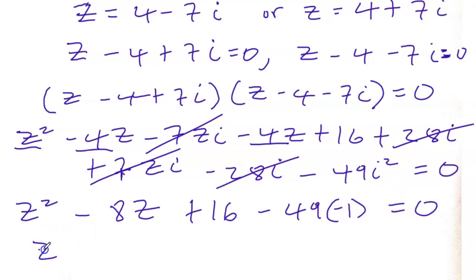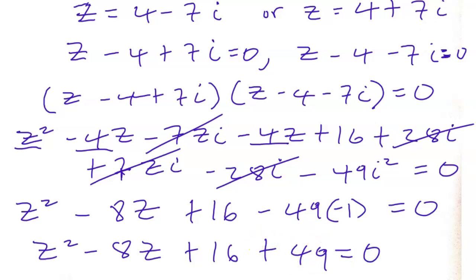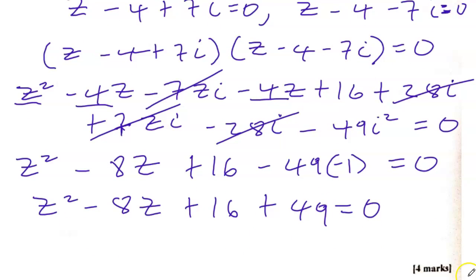So this becomes z squared minus 8z plus 16, and then minus 49 times minus 1, that's positive 49, equal to 0. So this becomes z squared minus 8z, and 16 plus 49, that's positive 65, equals 0.